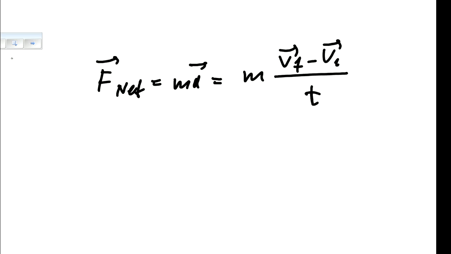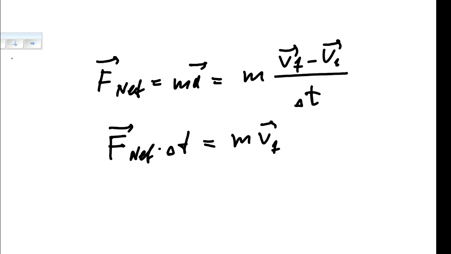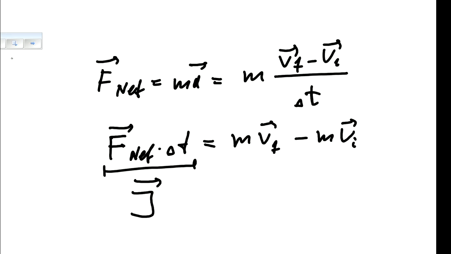And to do that, first of all, because we don't like fractions, we multiply everything by time, the time of the collision. And secondly, we give a name to everything we see now and a special symbol. This product has a name, the impulse of a force. This product has a name, a linear momentum.